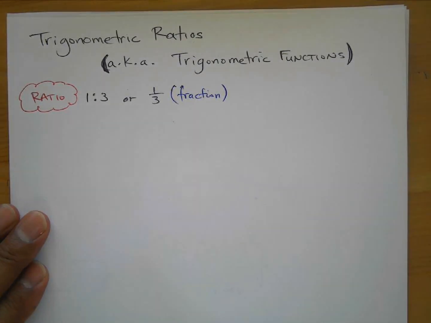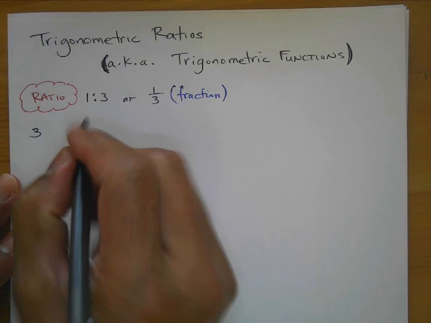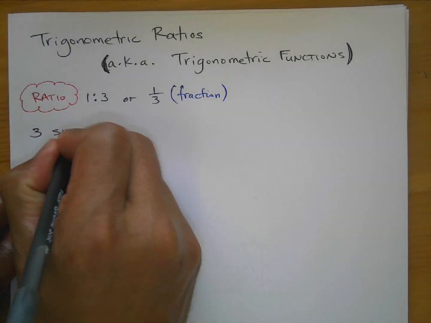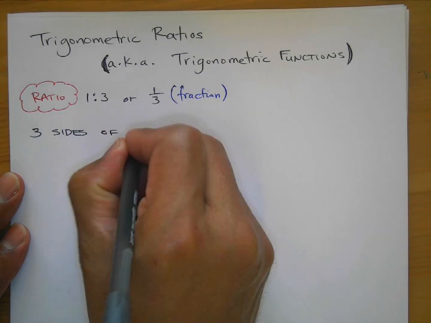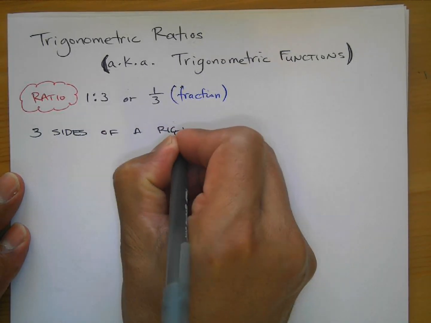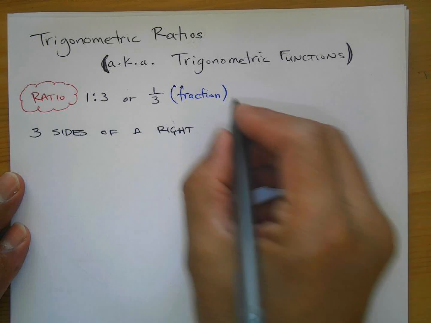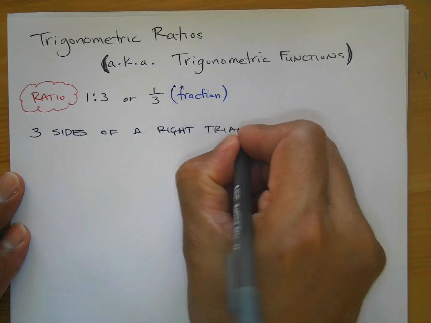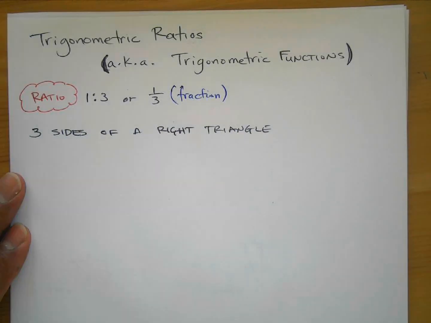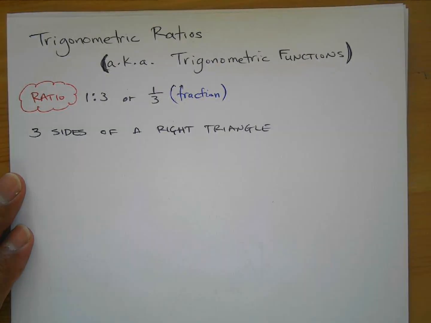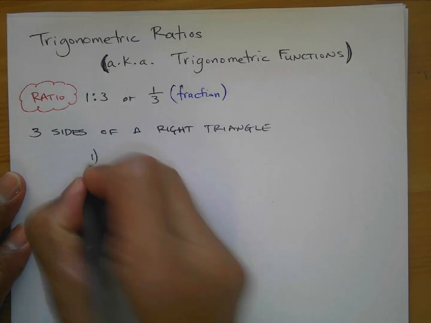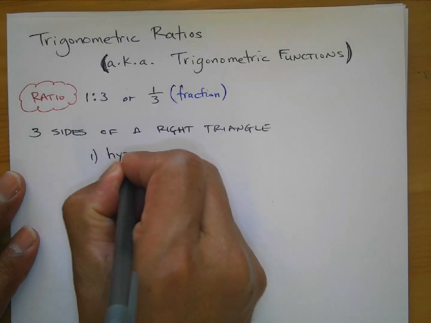Okay, so we've gone over the three sides of a right triangle, right? And the three sides, again, identify them in this order. Which one do you identify first? The hypotenuse side.